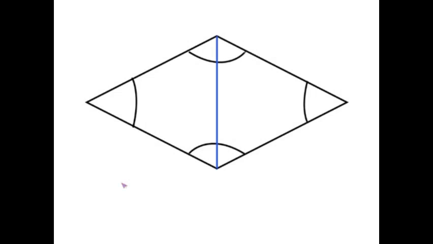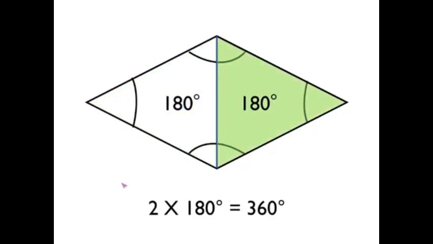and that splits it into two triangles. Now we've already learnt the angle rule that angles in a triangle add up to 180 degrees. So in the green shaded triangle here, you can see that the angles must add up to 180 degrees because of that angle rule. And then in the other triangle, the angles in that one must add up to 180 degrees.